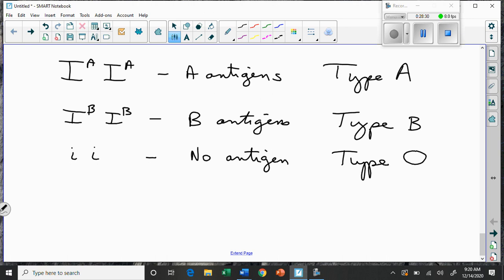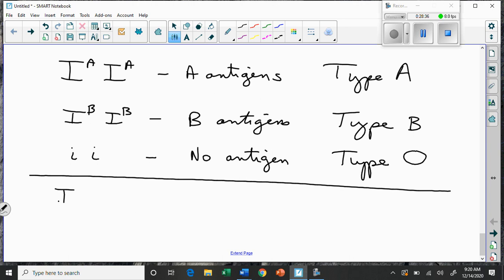Now, what's interesting is the combinations when you mix them. So if you mix them, you can have I A with a little i. The A antigen allele is dominant to the recessive little i, and so this would still produce A antigens. So you are still a type A. In other words, the little i is masked, right?